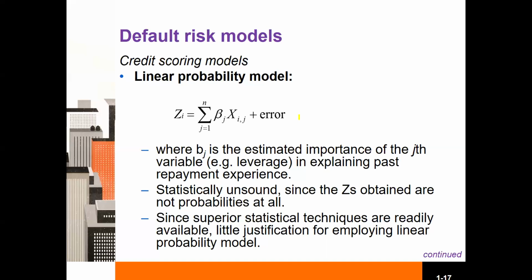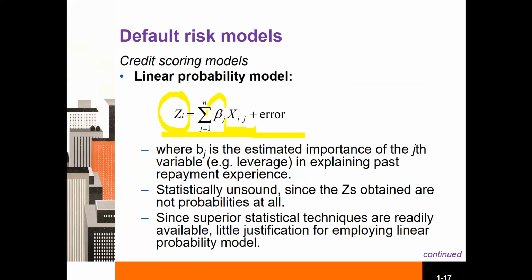So we estimate a linear regression model like this, where the dependent variable is the probability of default, and these x variables are the explanatory variables that determine whether a loan defaulted or not defaulted.